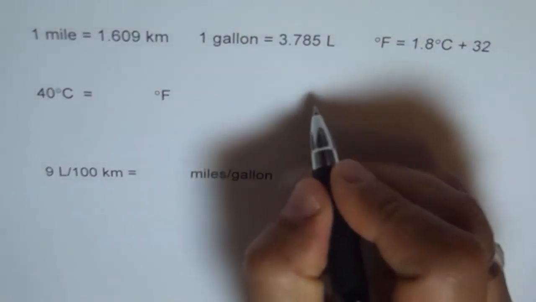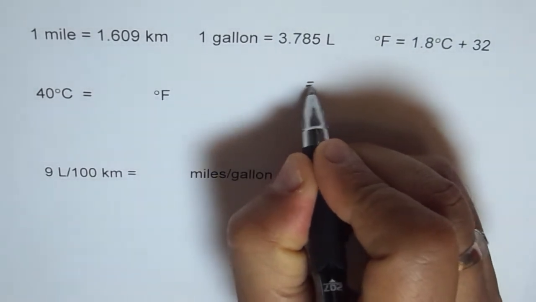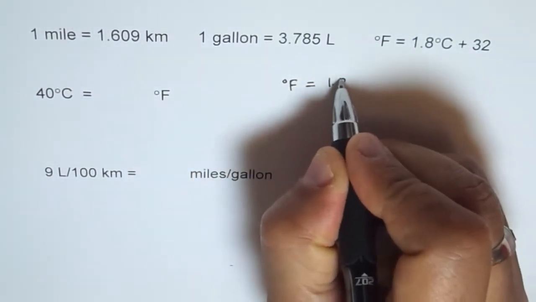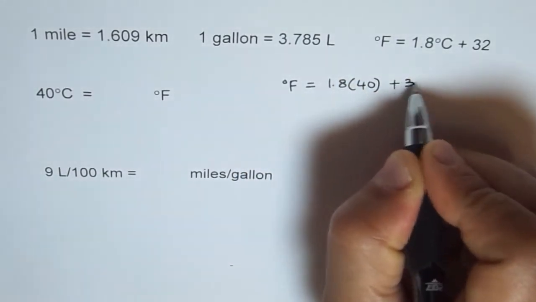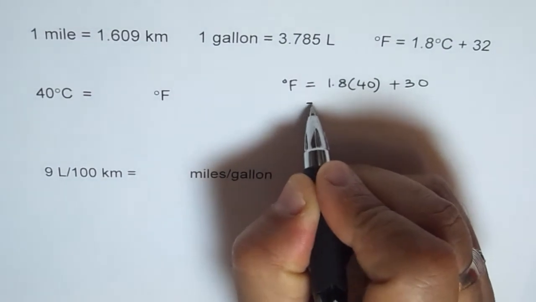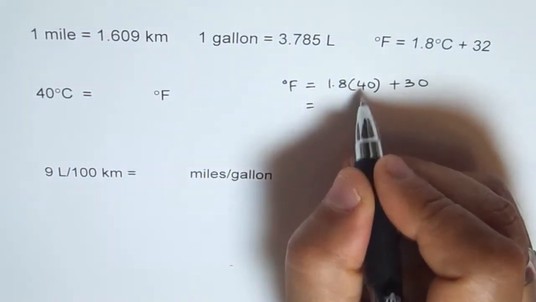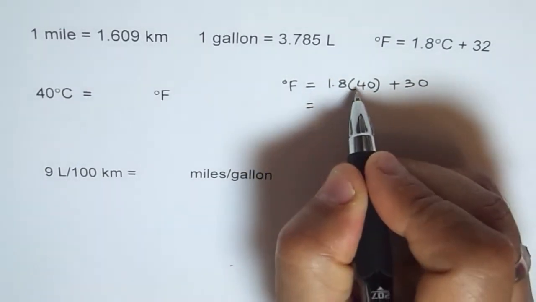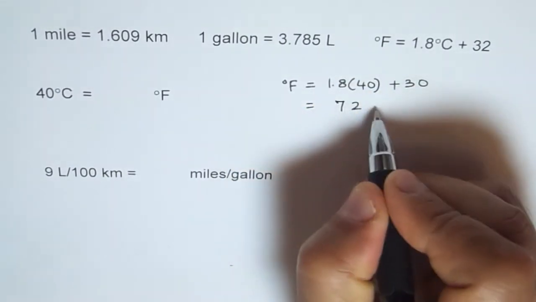So in degree Fahrenheit we have 1.8 times 40 plus 32, correct? So when you multiply by 40, that 0 makes it 18 times 4, and 4 times 8 is 32, 2, 3, and 4 plus 1 is, 4 times 1 is 4 plus 3 is 7, so we get 72 plus 30.